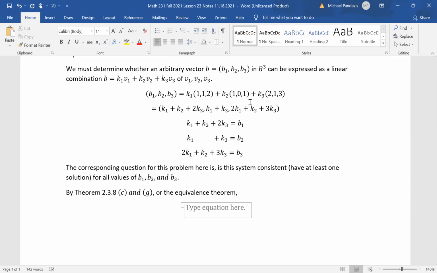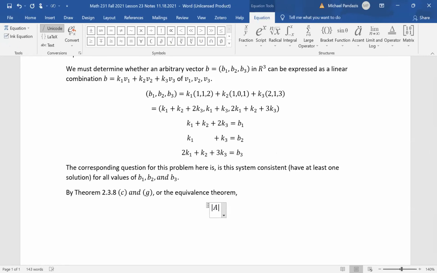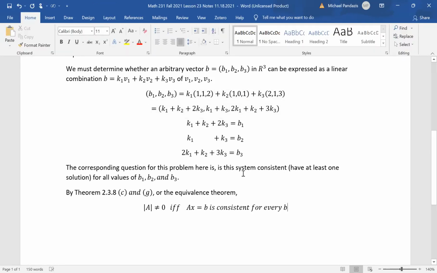We have that the determinant of your coefficient matrix is non-zero if and only if AX equals B is consistent for every B. So you can know whether or not your matrix equation AX equals B is consistent for every B by the determinant.